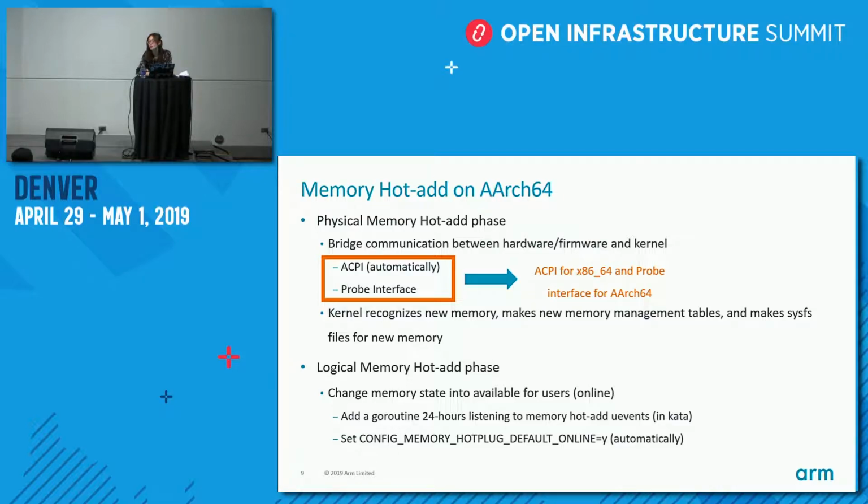There are two ways to complete this procedure: ACPI and the probe interface. ACPI is the default option for Kata containers, but our QEMU doesn't support ACPI on ARM64, so we switch to the probe interface. ACPI will automatically notify the guest kernel about the newly hot-added memory device.